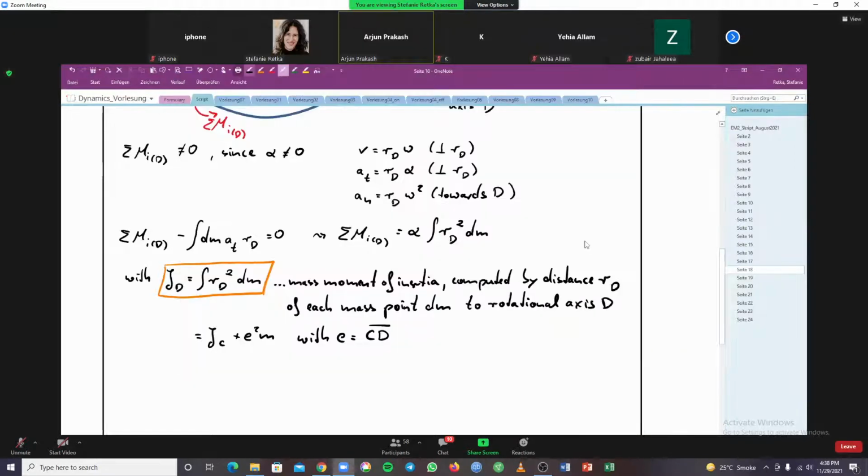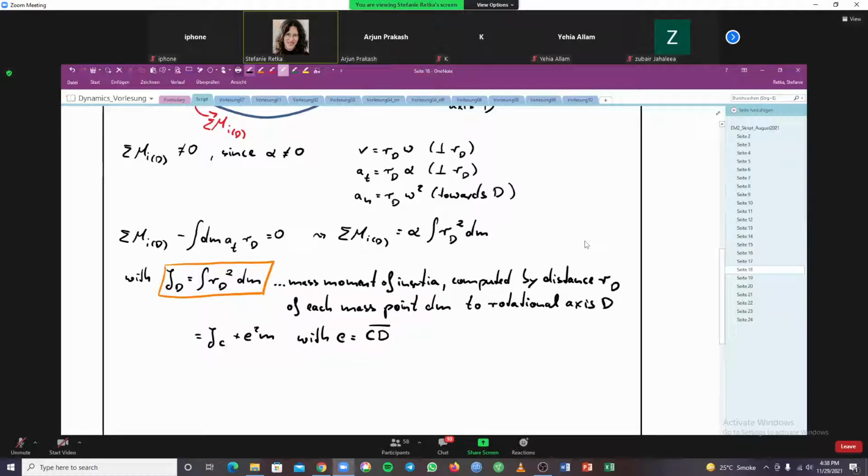Professor, another question. In this case, E is CD, but we are taking all the point masses, right? So how do we integrate E as well then? No, we do know the center of gravity of our entire system before we integrate.